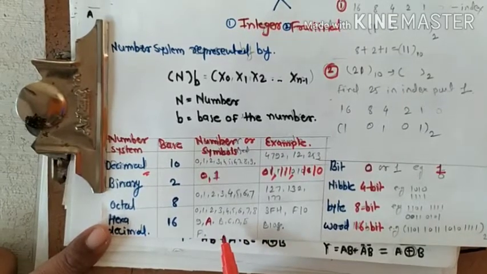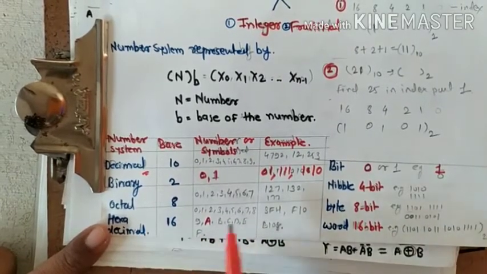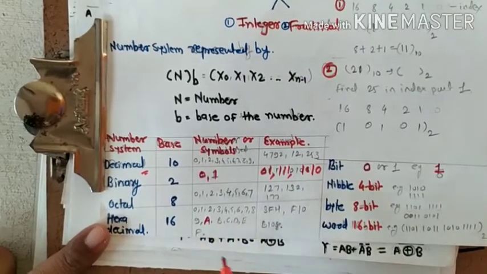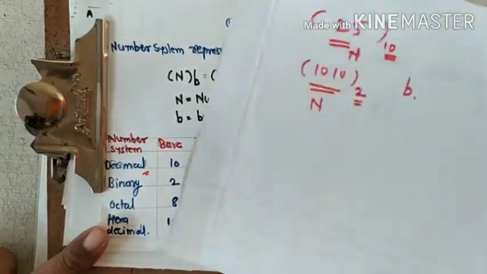So when we want to write 15 in hexadecimal, we do not write 15, we write F.